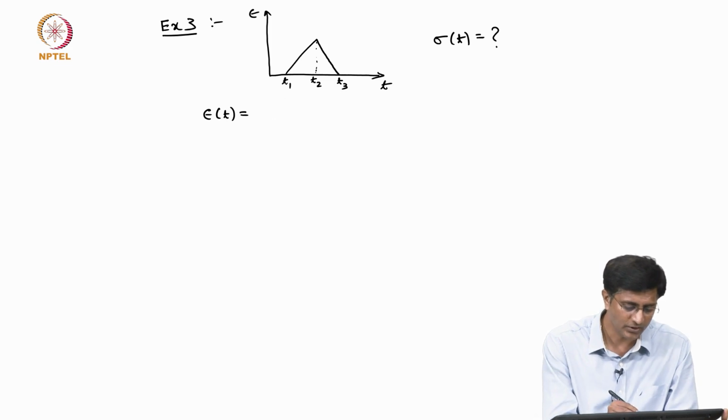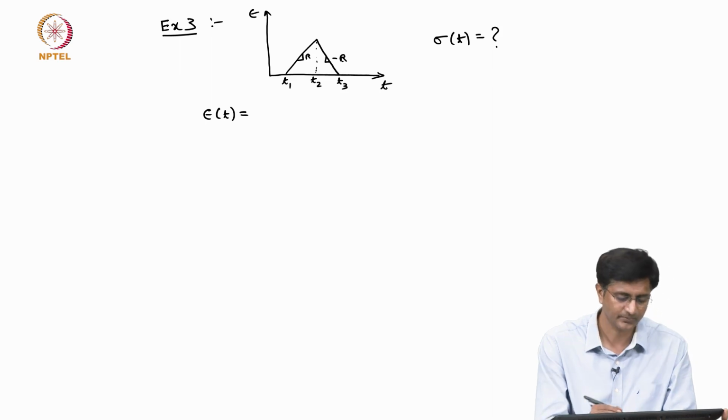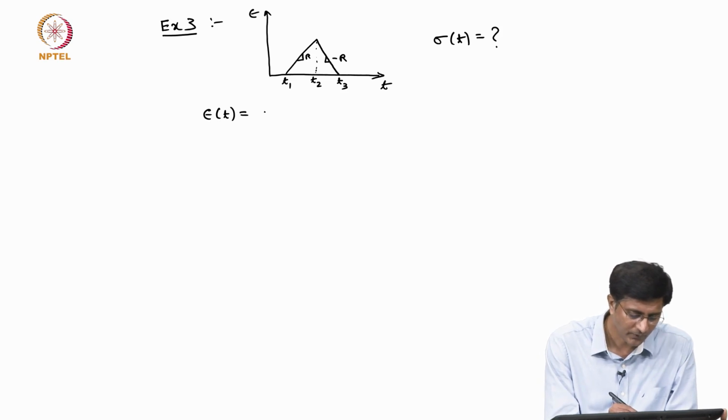The input is only starting at time t1 and there it is going at a slope of r, and here it is coming down at a slope of minus r. So, this should be written as r times (t minus t1) times h of (t minus t1).